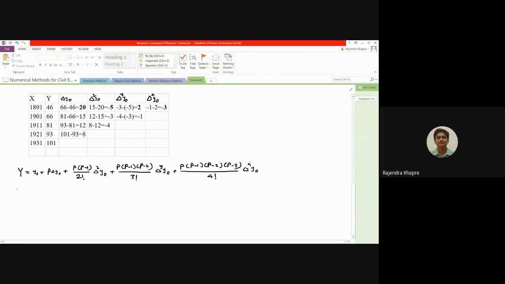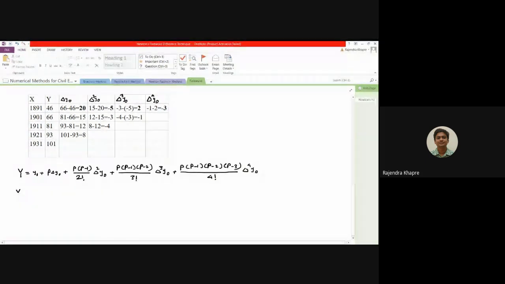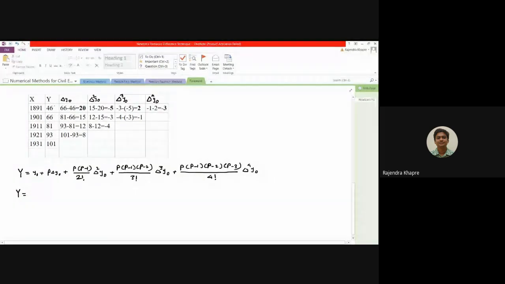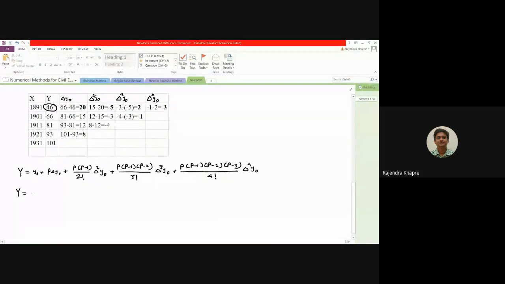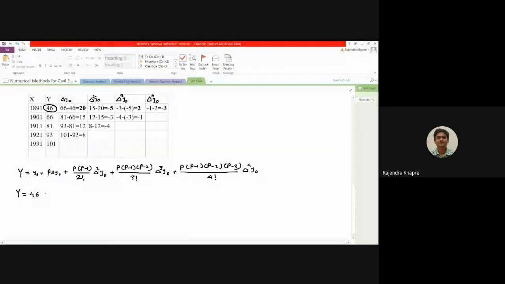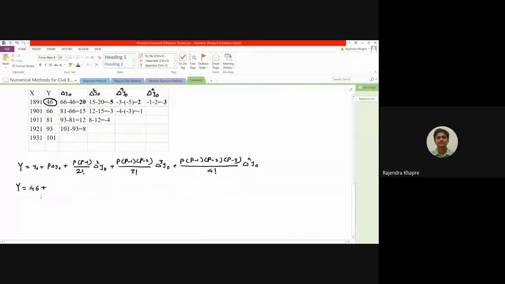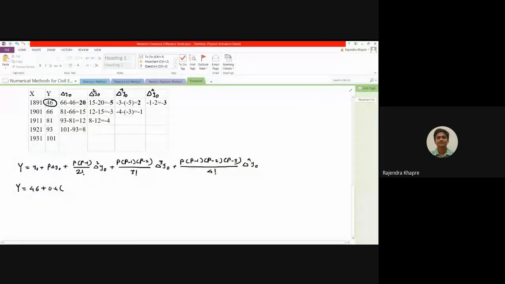Okay, so now all we have to do is substitute the values correctly. So y0 is nothing but the first value of the data set, the first value of y. So this is your 46 plus p value, which you have already calculated as 0.4, so this will be 0.4 into delta y0, which is this value, 20.